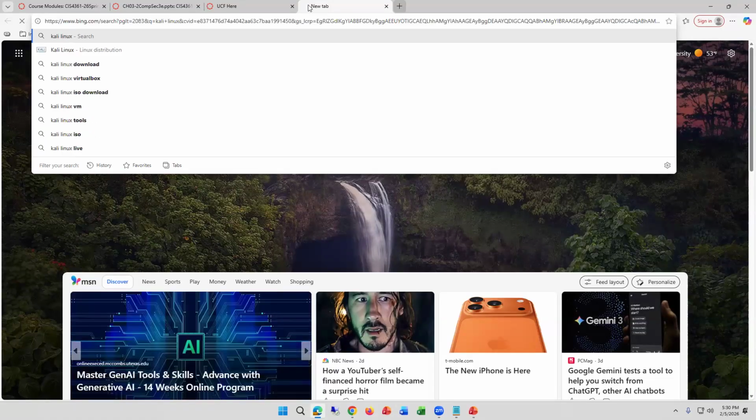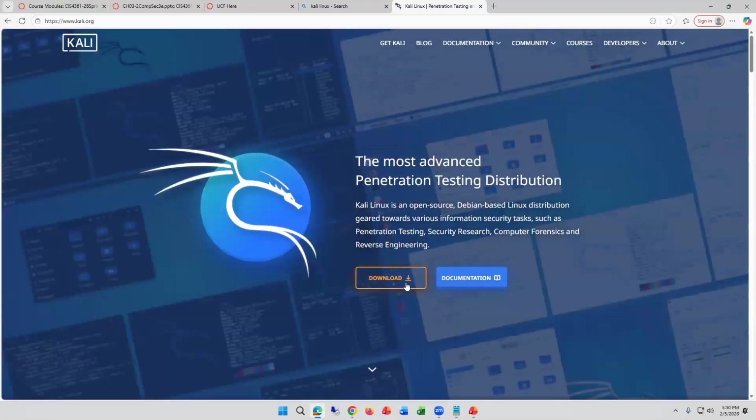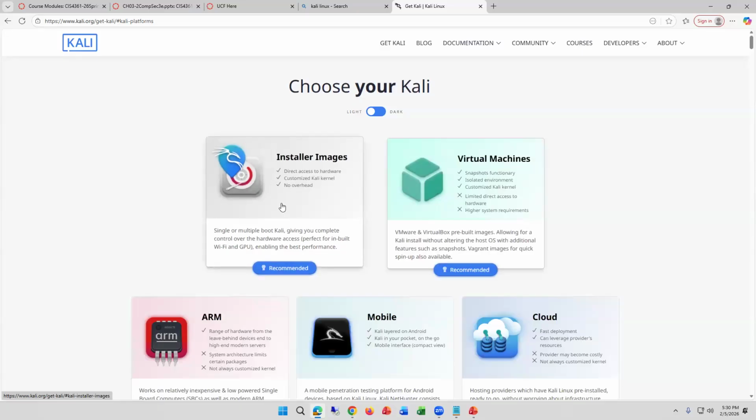So let me just show that real quick. When you are at this page in Kali, there are two options, and the way that I have done it in the video and the lecture as well is always installer images. That is a step-by-step download where we modify things step by step to reach Kali Linux.